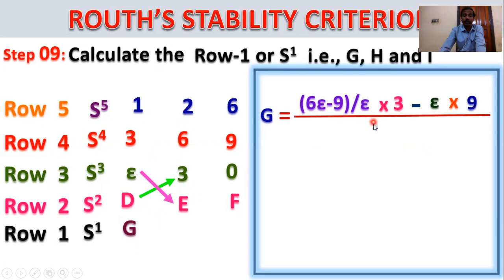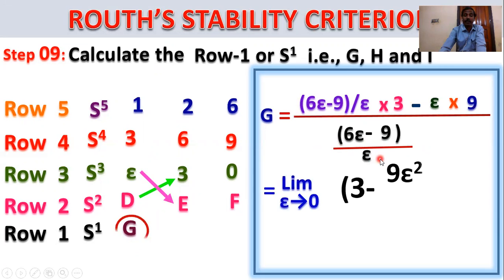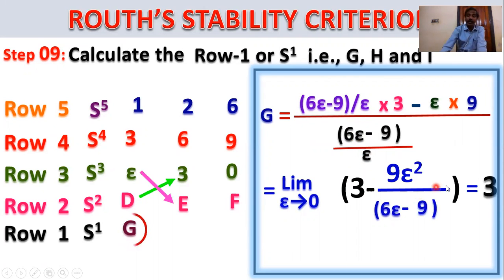Then put here (6 epsilon minus 9) by epsilon, with the limit as epsilon tends to 0. Then 3 minus, epsilon cancels, and (6 epsilon minus 9) cancels out, so G equals 3.